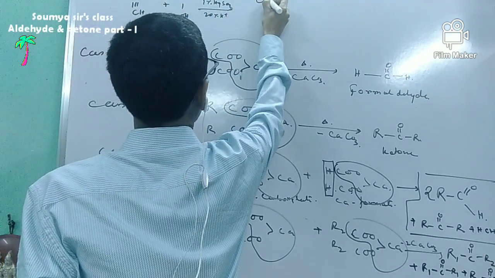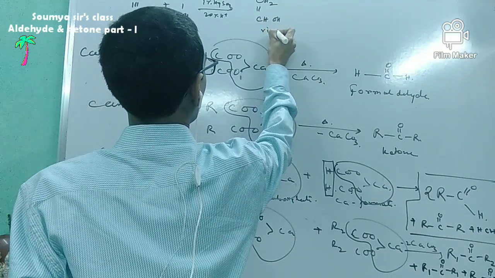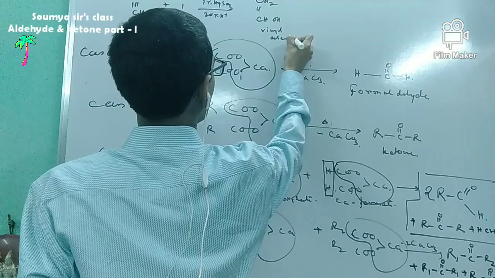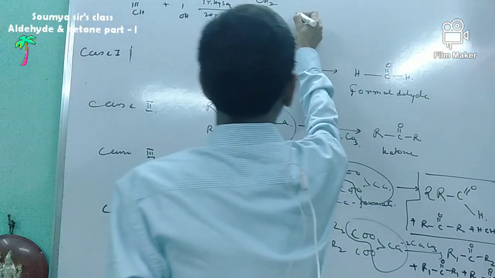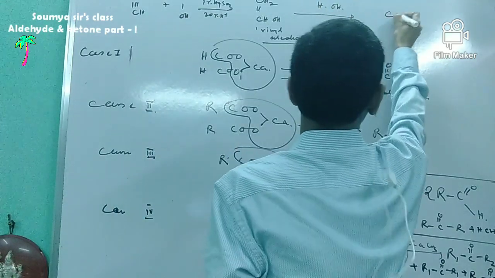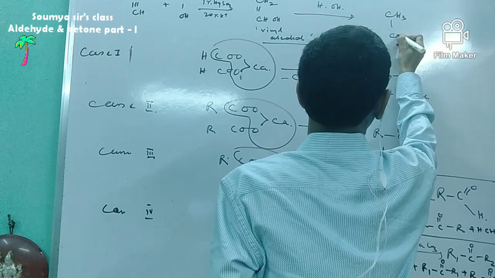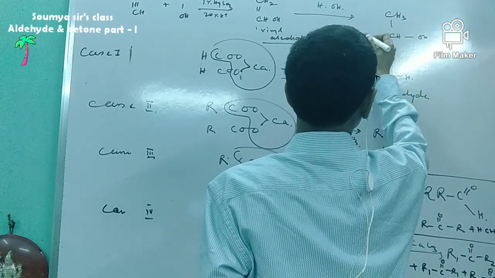So technically it is the intermediate product of Kucherov. Later on it will again react with water to form CH3-CH(OH)2. Now this is a diol, unstable. One molecule of water leaves and the resultant structure is acetaldehyde.